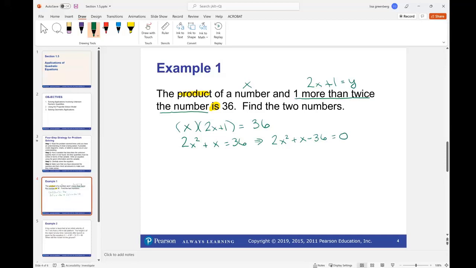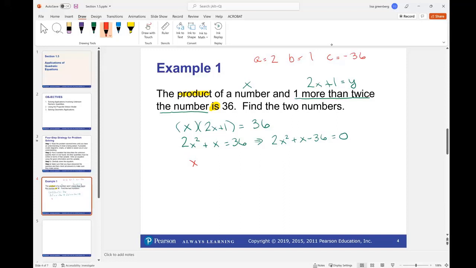Okay, and now I have a couple of possibilities. I can factor this, or I could use the quadratic formula. First I'll do it with the quadratic formula just so you can see how to do it. So I would say A equals 2, B equals 1, and C equals negative 36.